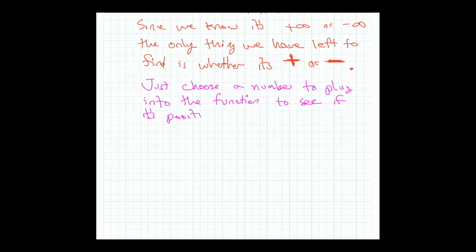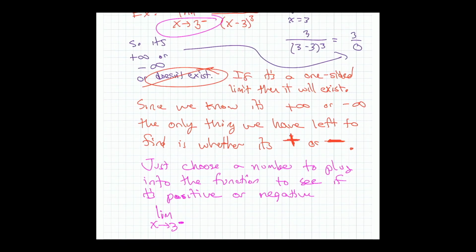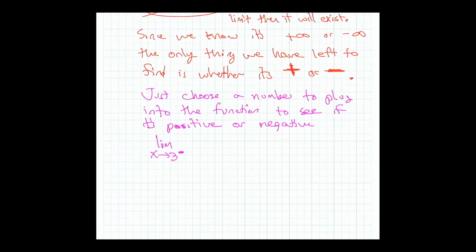Now, the homework might tell you more complicated ways to do this, but this is going to be the easiest way. So again, the limit that we were solving was the limit as x goes to 3 from the left of x over (x minus 3) cubed. Right?